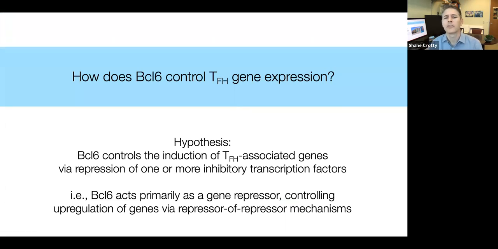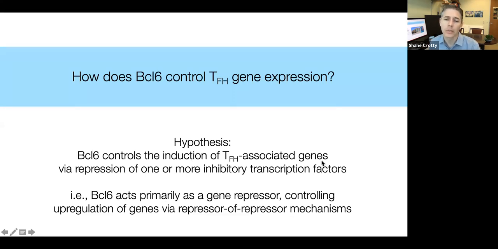Okay, and so how does Bcl-6 control TFH gene expression? Well, what's known about this transcription factor Bcl-6 is that it's definitely a repressor. And so the simplest model would be that Bcl-6 acts primarily as a gene repressor, controlling upregulation of genes via repressor-of-repressor mechanisms.